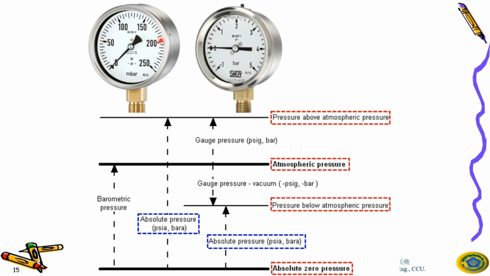I think I made a mistake. Okay, so this goes up, and then if you have a gauge pressure, this is gauge pressure. Okay, this is absolute pressure. So absolute pressure goes up, goes up, goes up, and gauge pressure, this one goes here and goes up here, and this is called gauge pressure.